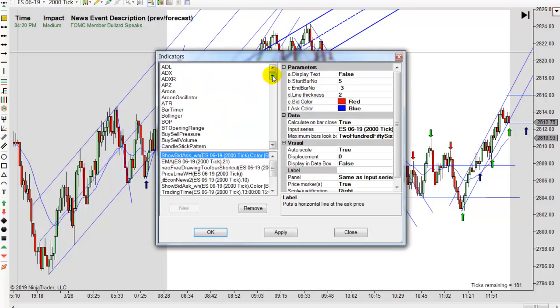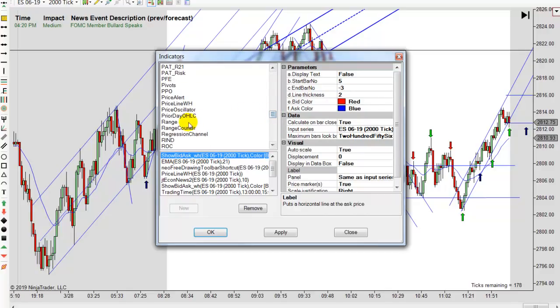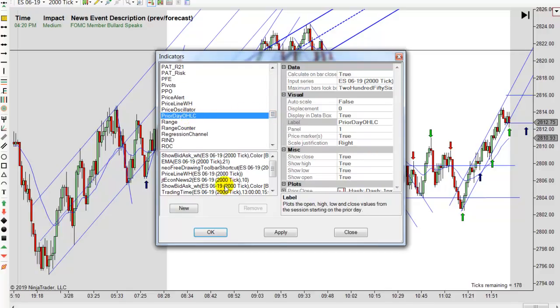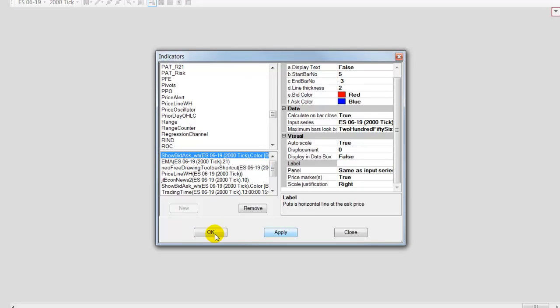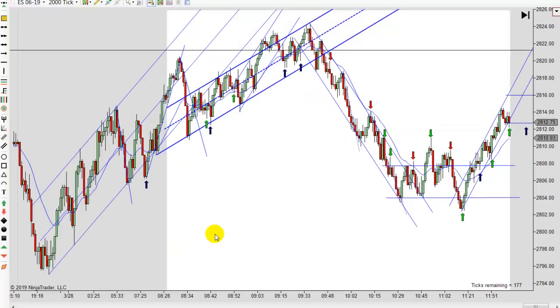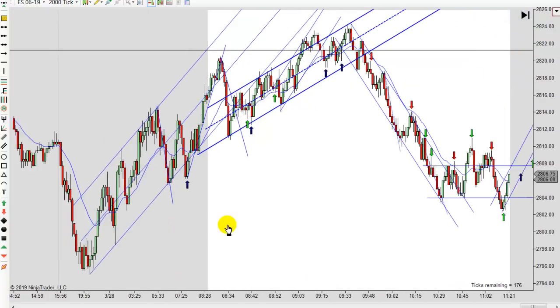Let's see if we can find it here. I think it's called previous days. Price, open, high, low, close. Let me just put it on there real quick. Well, where'd you go?